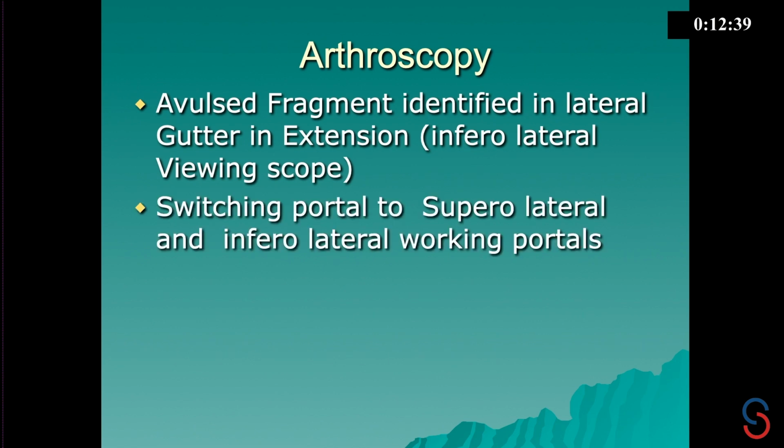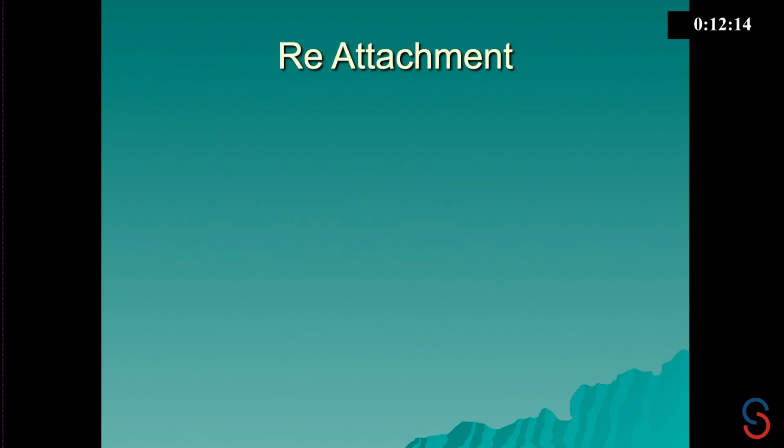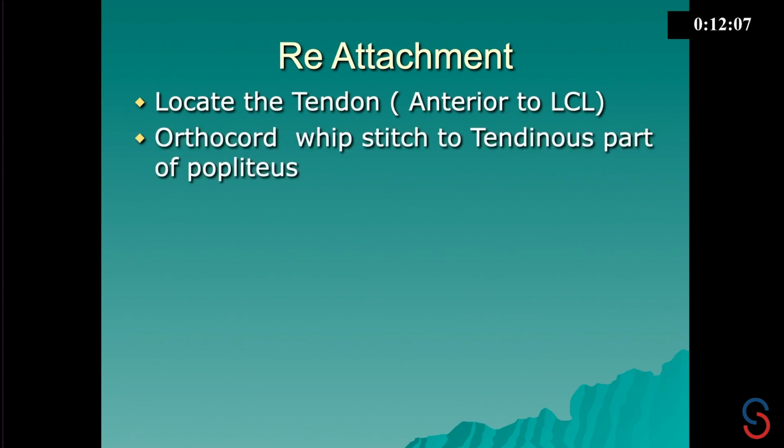Then I switched the portals to a superolateral working portal and an inferolateral working portal as well. After 20 minutes of trying to refixate it and hold it, I gave up and moved to a mini-open arthrotomy. That was done anterior to the lateral collateral ligament.